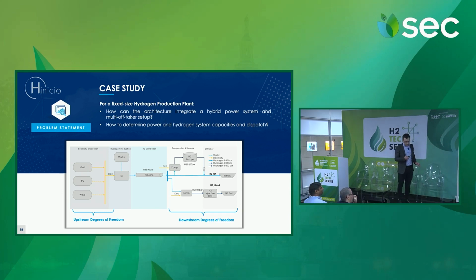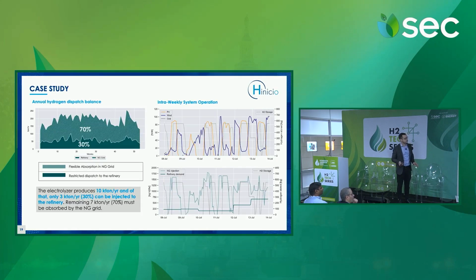And the answer is you have to look at an hourly stamp, okay? So you know that a refinery operates in a stationary process. So you need a minimum of hydrogen at any moment that has to be there.